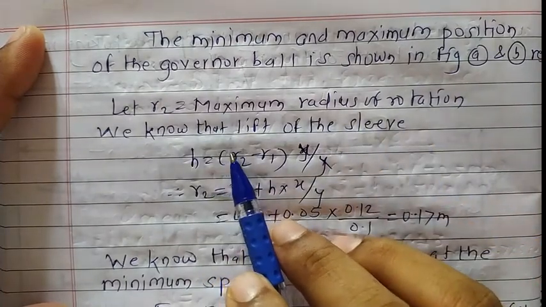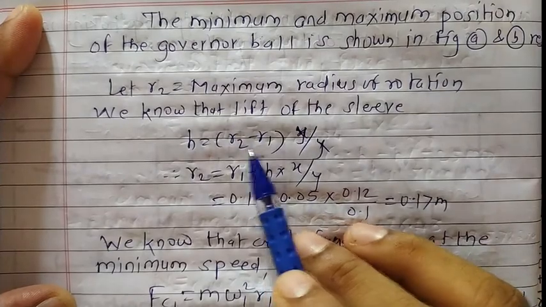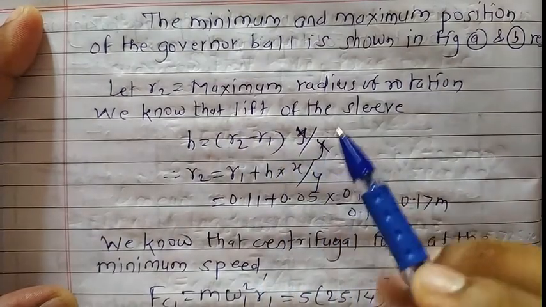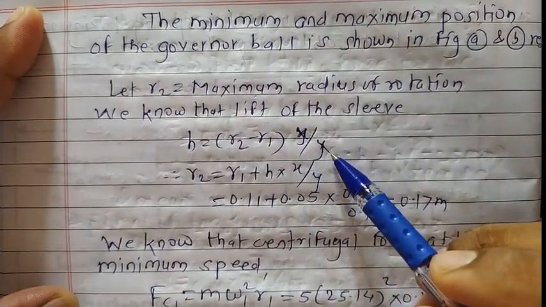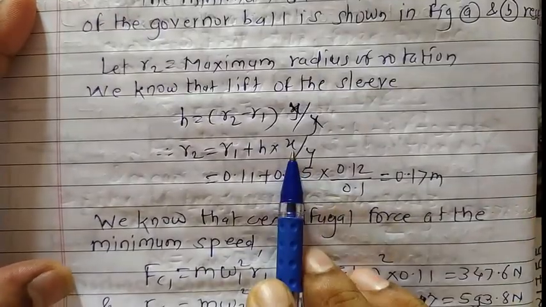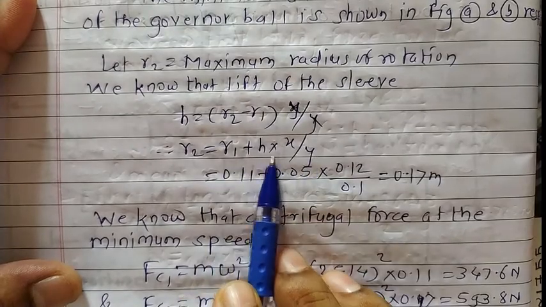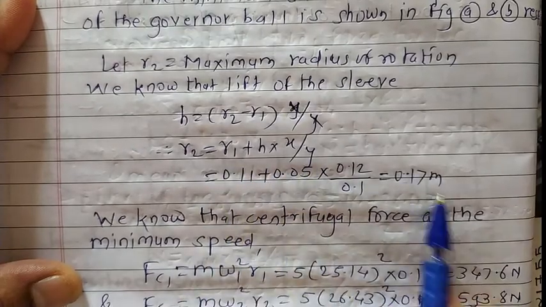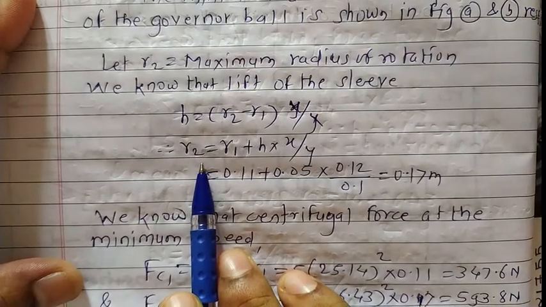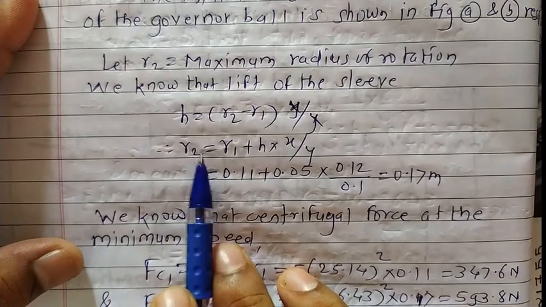We know that the lift of the sleeve is H equals R2 minus R1 into X divided by Y. In this case, substitute the values for X, Y, R1 and H, and get the corresponding radius of rotation, that is R2.